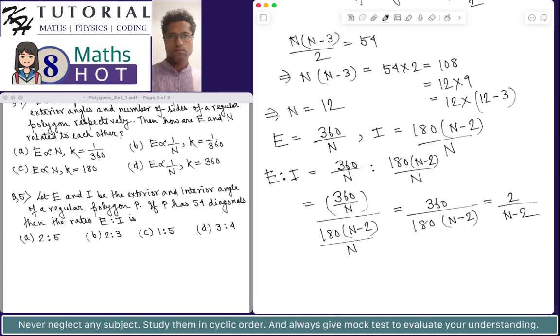So always remember that the ratio of the exterior angle and the interior angle of a regular polygon having n sides is equal to 2 by N minus 2.